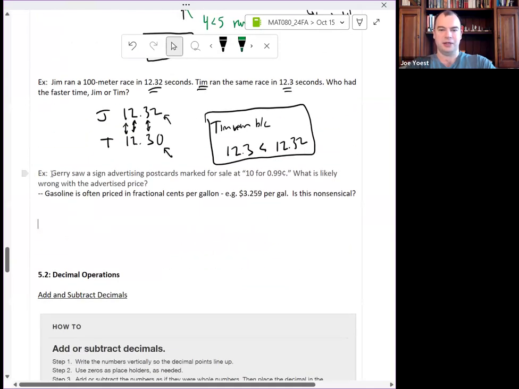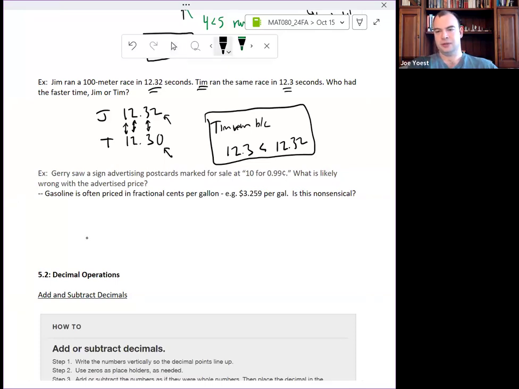And last example in this section: Jerry saw a sign advertising postcards for sale at, quote, 10 for 0.99 cents. What's likely wrong with the advertised price? Well, 0.99 cents would be a fraction of a penny, 99 hundredths of 1 penny.